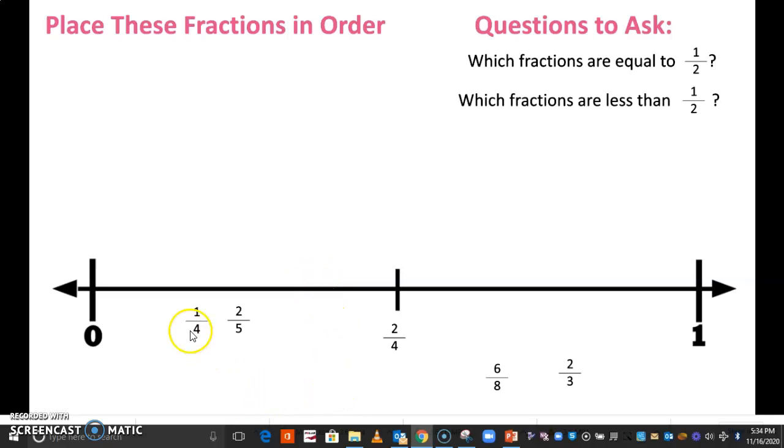I just need to make sure that the fraction 1/4 comes before the fraction 2/5, and that both of them come before my half number. Now that leaves me with these two larger fractions, right? And that's the last question. We can ask ourselves, which fractions are greater than a half? Well, we know it's going to be 6/8 and 2/3, but which one comes after 2/4?